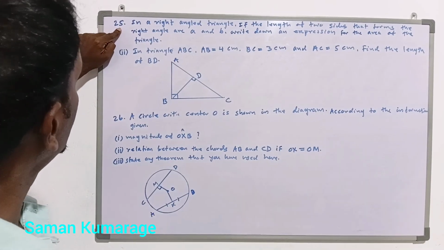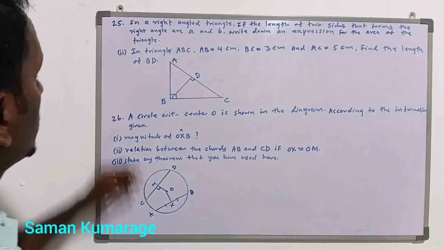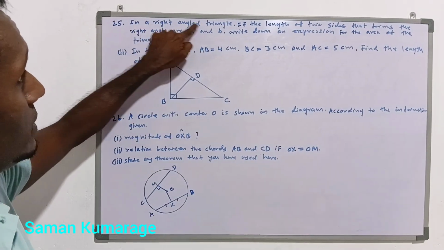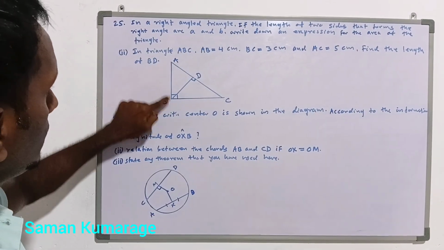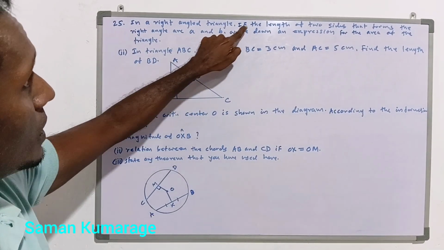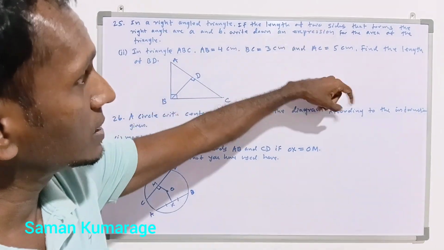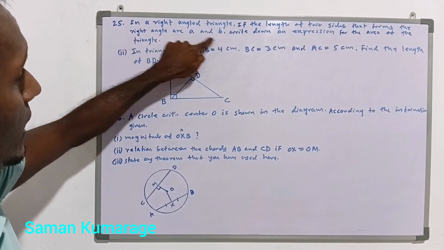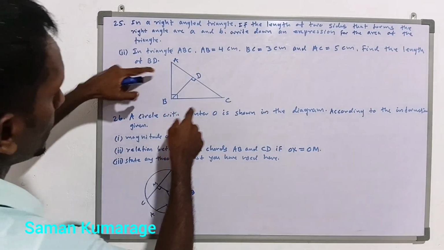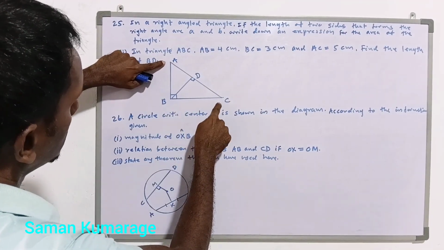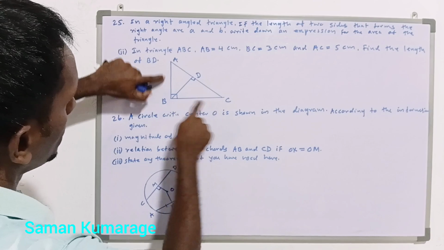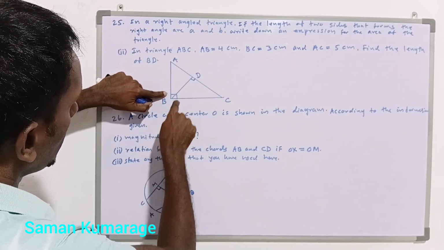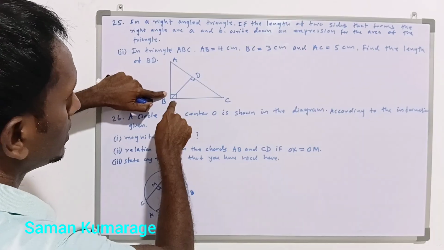Now we are on the 25th question. It says, in a right angled triangle, if the lengths of the two sides that form the right angle are A and B. So in this right angled triangle ABC, this angle at B is the right angle.